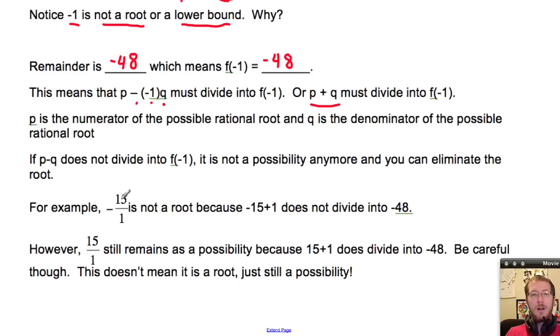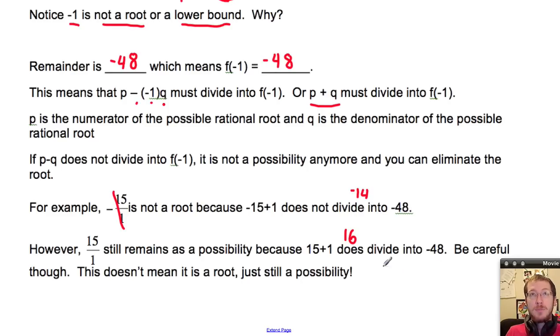Okay, so one of our possible roots was -15 over 1. Well, if we take -15, add 1, that's -14. -14 does not go into negative 48. So negative 15 over 1 is not a root. We can cross it out from our list. Okay, let's look at positive 15 over 1. 15 plus 1 is 16. 16 goes into 48 3 times, or in this case negative 48 negative 3 times.